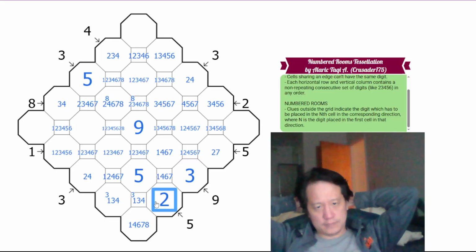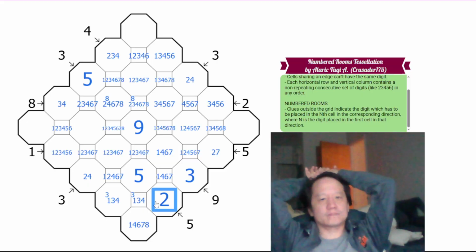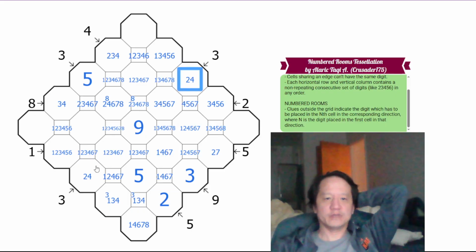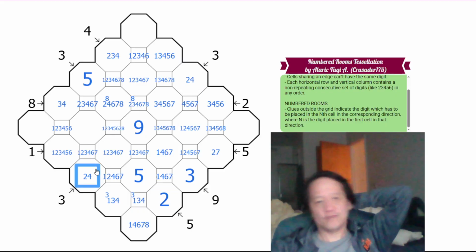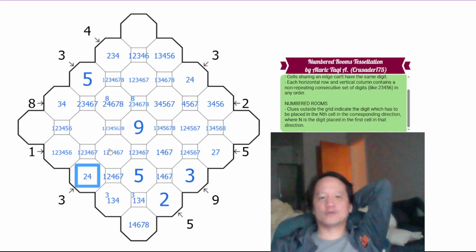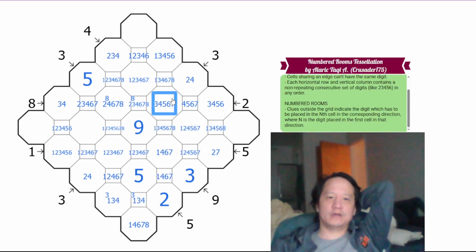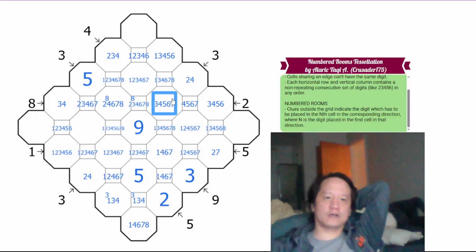Hmm. I mean, technically both of these could be 2. They could also technically both be 4 also. That would force 3 to be here, 3 to be here. It seems okay.